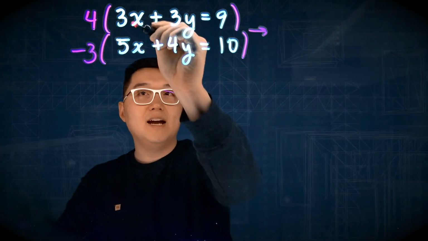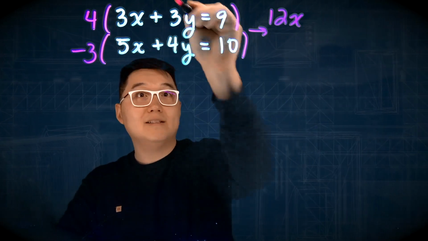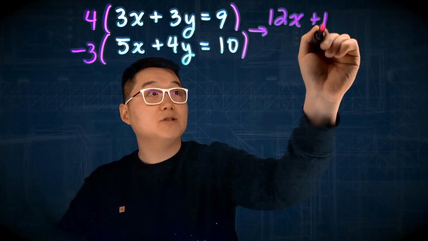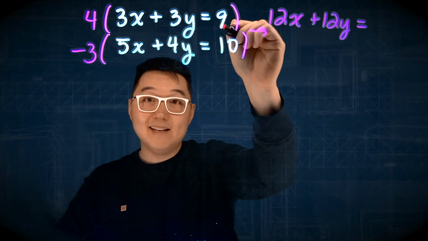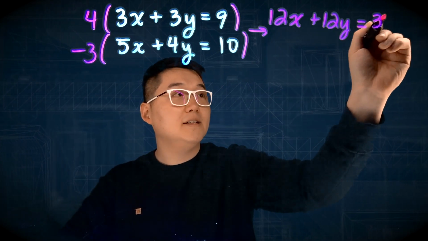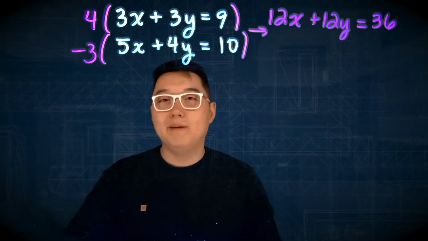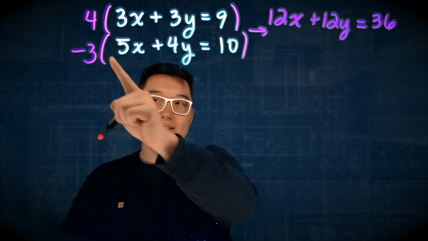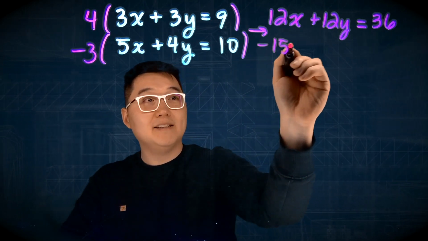So 4 times 3x, well, that's 12x. Then 4 times 3y, that gives us 12y. Then 4 times 9, that gives us 36. Now what happens to the bottom equation? Well, negative 3 times 5x, that's negative 15x.